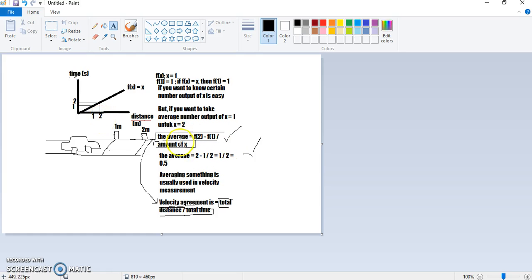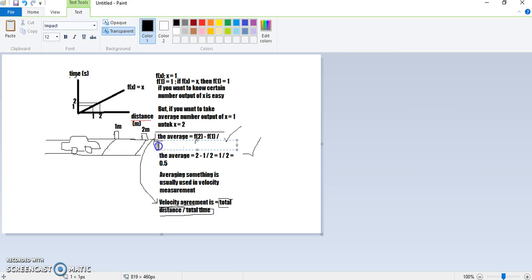So this is not the amount of x, I think. The average is 2 minus 1, x2 minus x1.